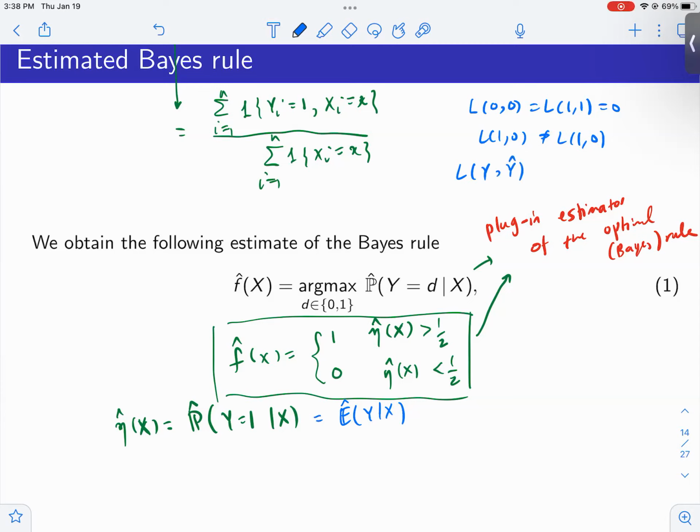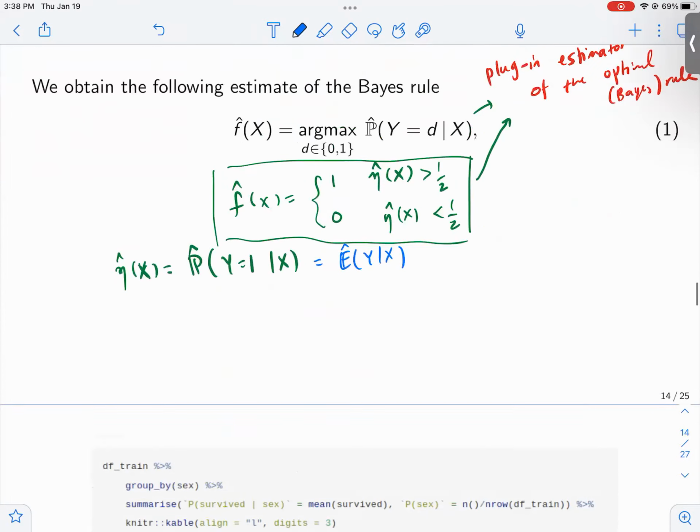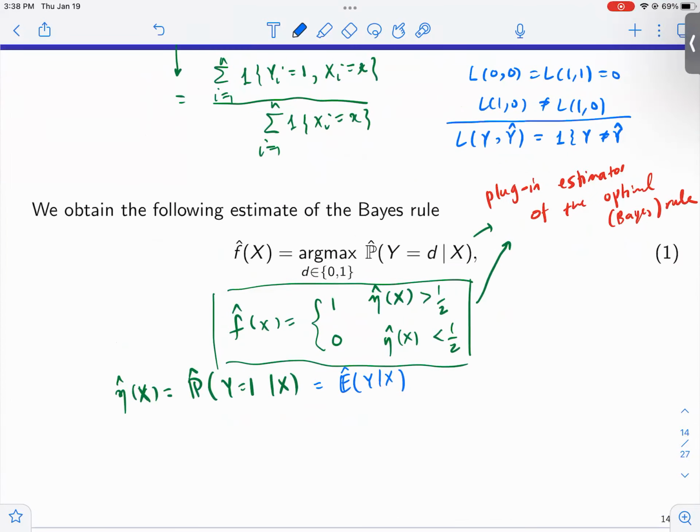In the 0-1 loss, if you remember, in the notes that I sent, the y and y-hat are flipped. So I'm going to use the notation of those notes. This was the 0-1 loss. It says it doesn't matter whether I make a mistake on a 0 or 1. So if y is 0 and I mistakenly say it's 1, or if y is 1 and I mistakenly say it's 0, I pay a price of 1.